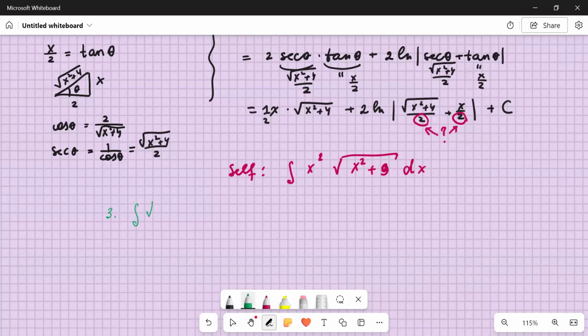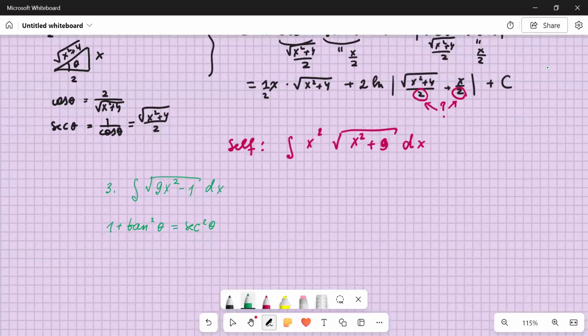I'm going to calculate the integral of square root of 9x squared minus 1 dx. If we compare our integral to the formula 1 plus tangent square of theta equals secant square of theta, it doesn't look like the formula because we have something like variable minus 1, and here we have a sum equal to a square.